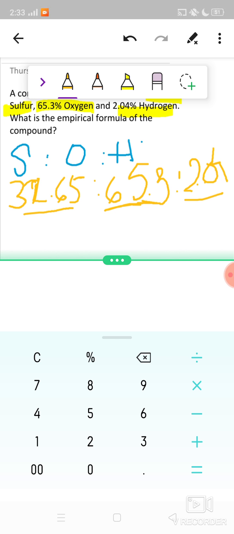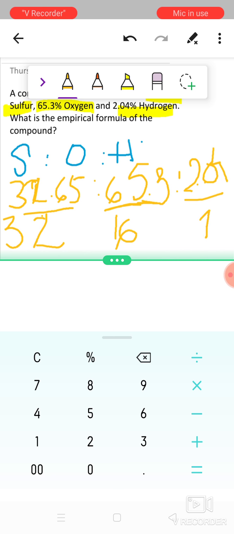Sulfur is 32, so 32 is the Mr. Oxygen is 16 and hydrogen is 1. The hydrogen percentage is 2.04.